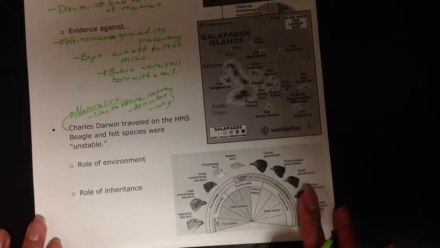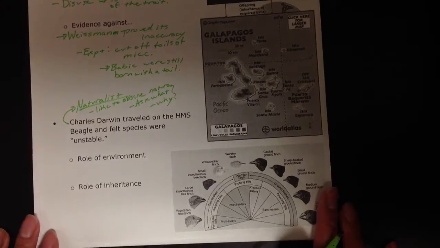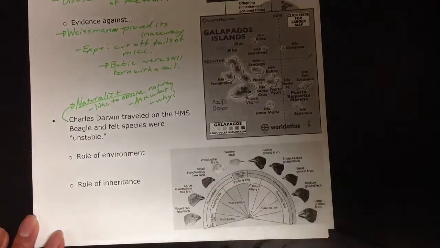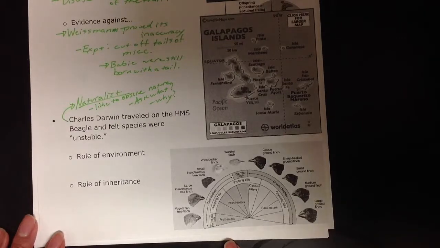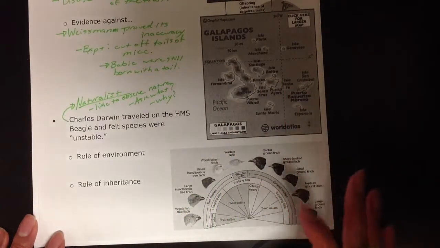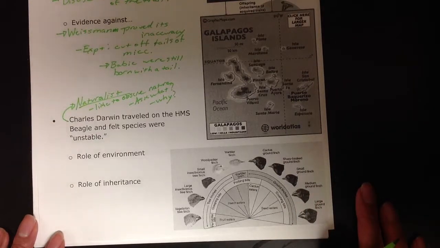When he traveled on the HMS Beagle, a ship from the royal family, he traveled all the way to the Pacific Ocean to the Galapagos Islands. And it turns out the fact that he reached these islands instead of a main continent was really important to his discoveries.